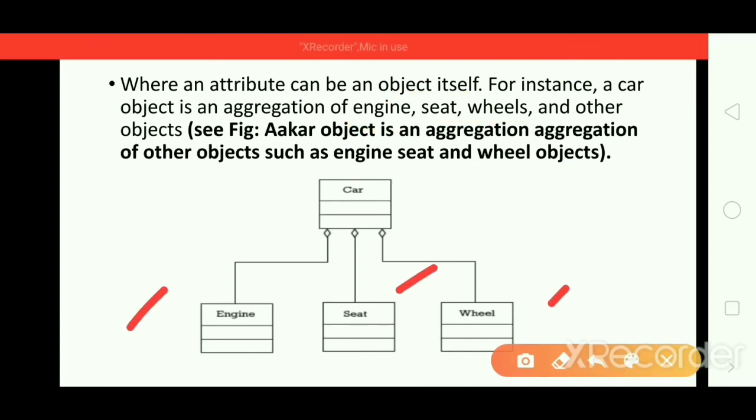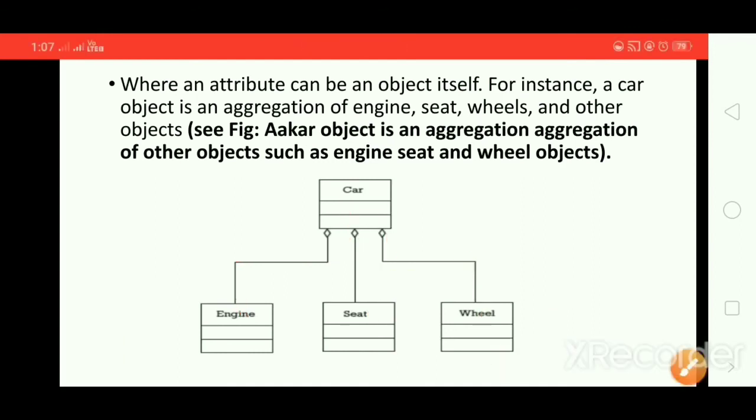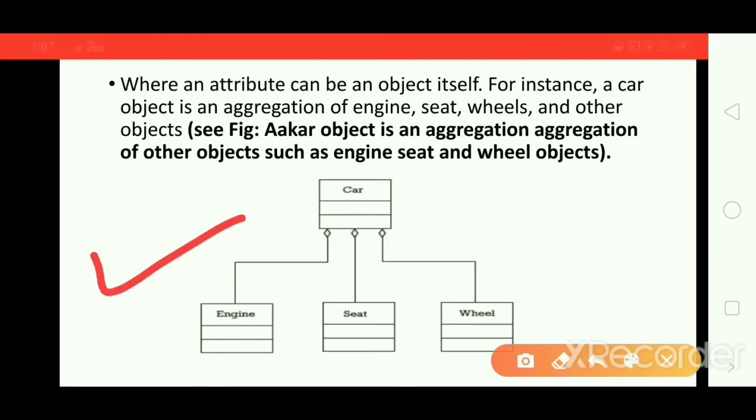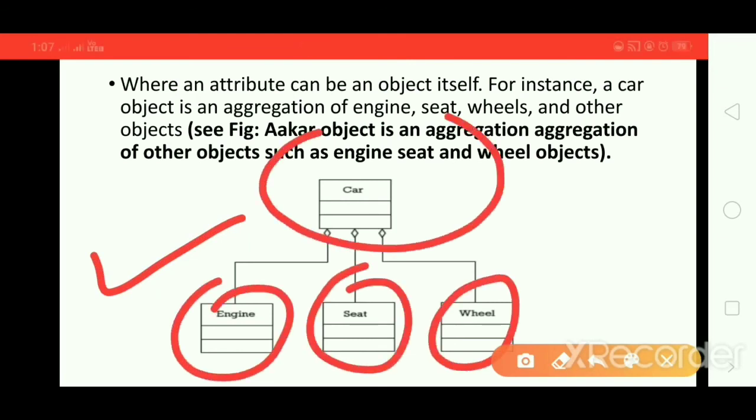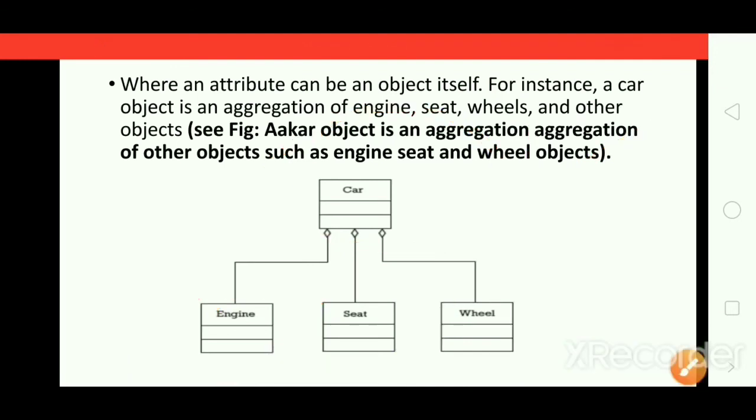These objects have their own identity, and these are referring to the car object. So guys, this is known as aggregation. By composing these objects, finally we are getting the complete object, that is aggregation.